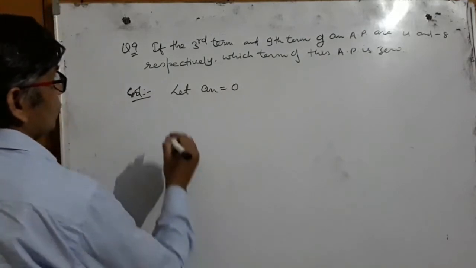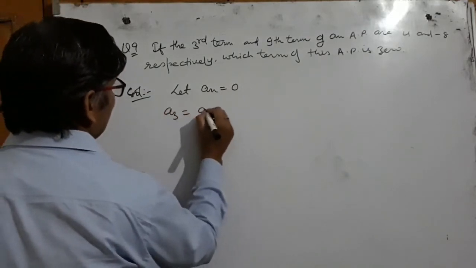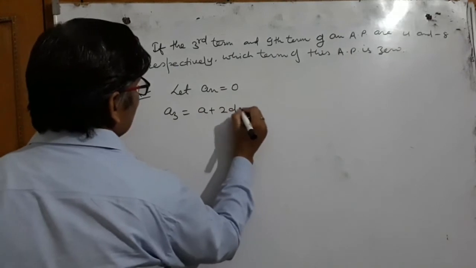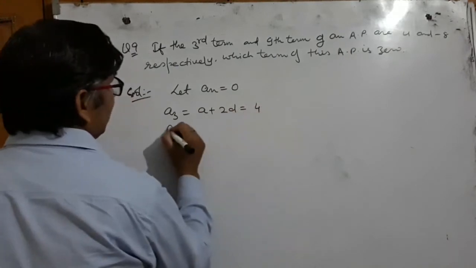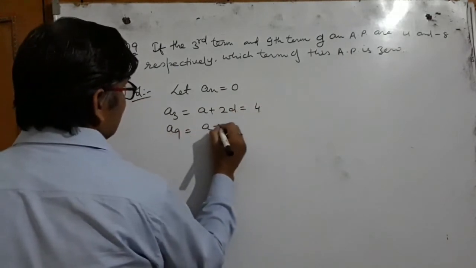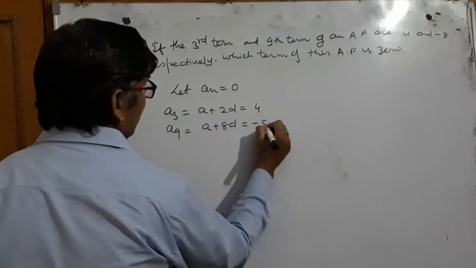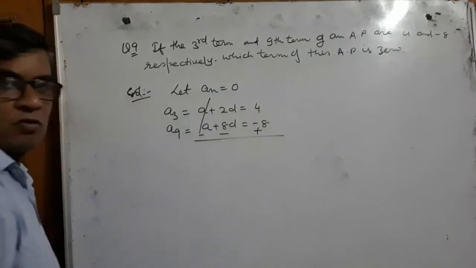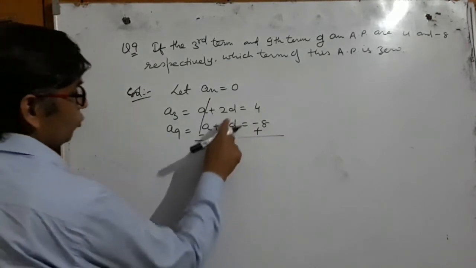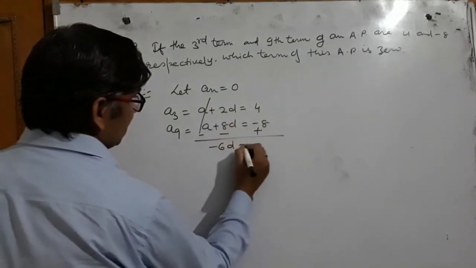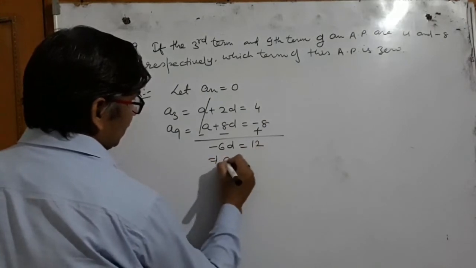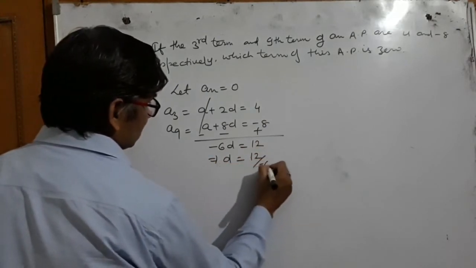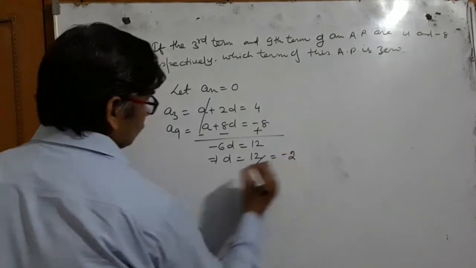A3: A plus 2D equals 4, and A9: A plus 8D equals minus 8. Using the elimination method, 2D minus 8D, minus 6D equals 12, and D equals 12 upon minus 6. This is minus 2.